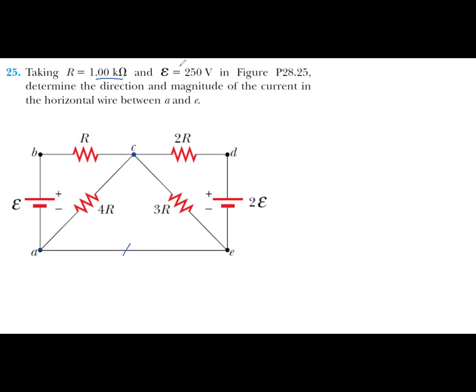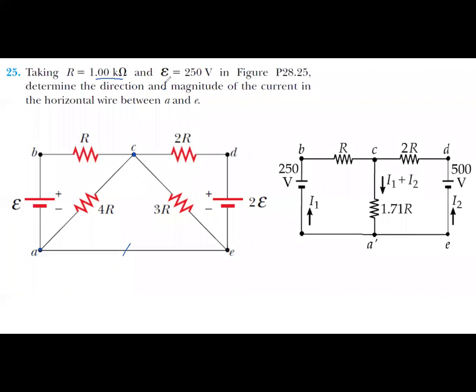So we can quickly draw a new figure in this way. Let me explain. E equals 250 volt. It's here. R is here.